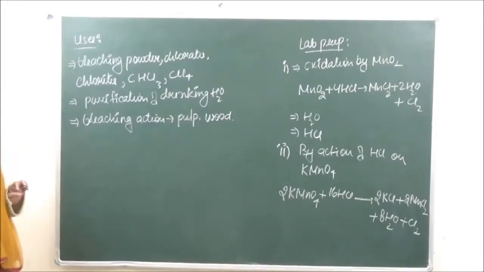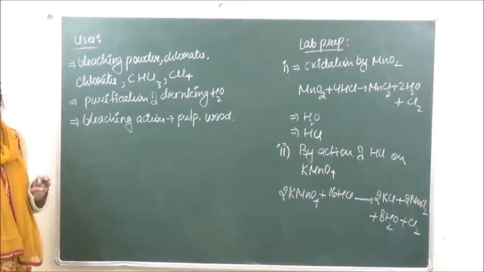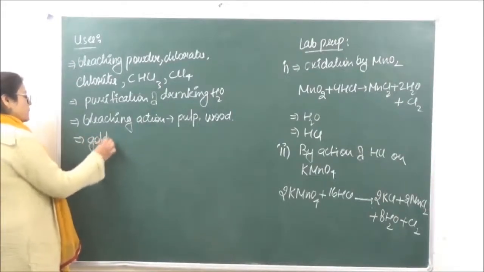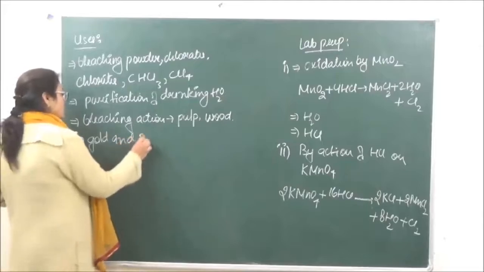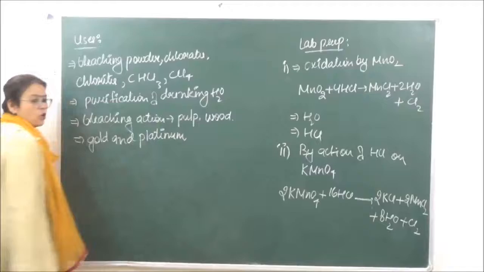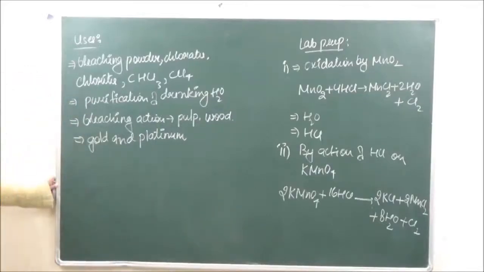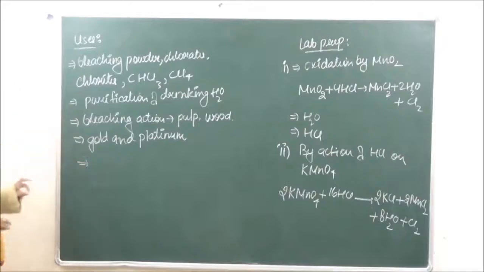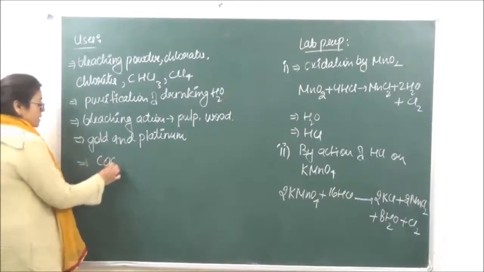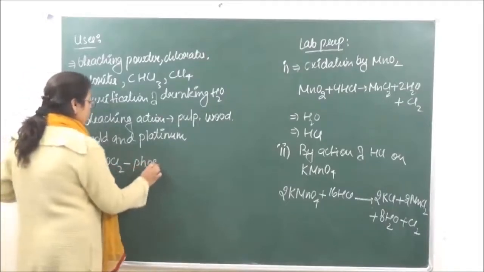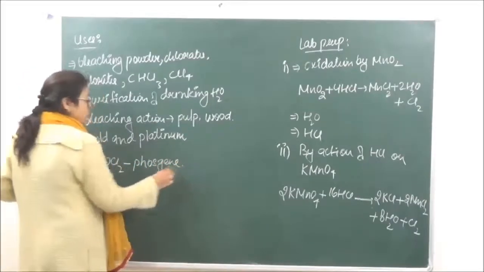Then it is used in the extraction of gold and platinum, and it is used in the manufacture of various poisonous gases, for example COCl2, which is known as phosgene, right?